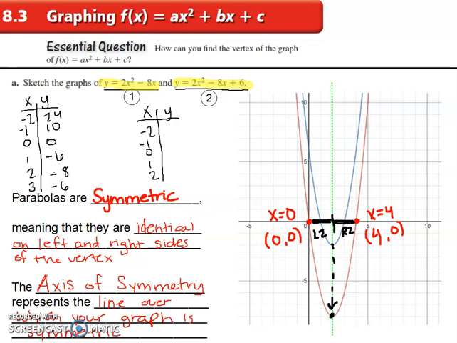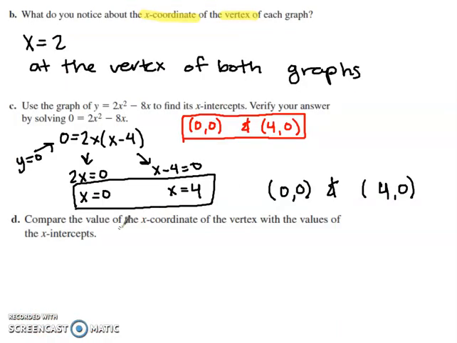The left and the right must be identical, which means our vertex must be in the middle of our two x-intercepts. So compare the value of the x-coordinate of the vertex with the values of the x-intercepts. So the vertex is in the middle of the x-intercepts.